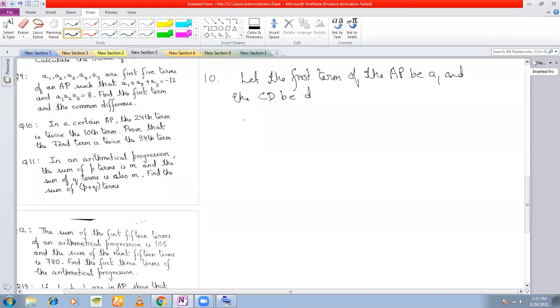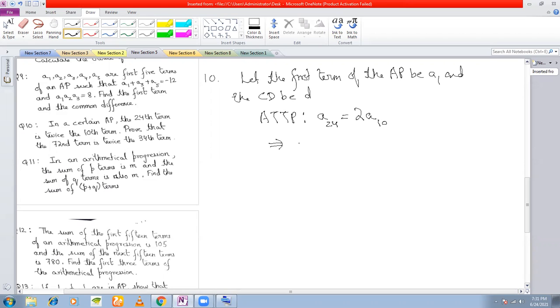In a certain AP, the 24th term is twice the 10th term. So here, according to the problem, the 24th term is twice the 10th term, right? This is what is given to you.